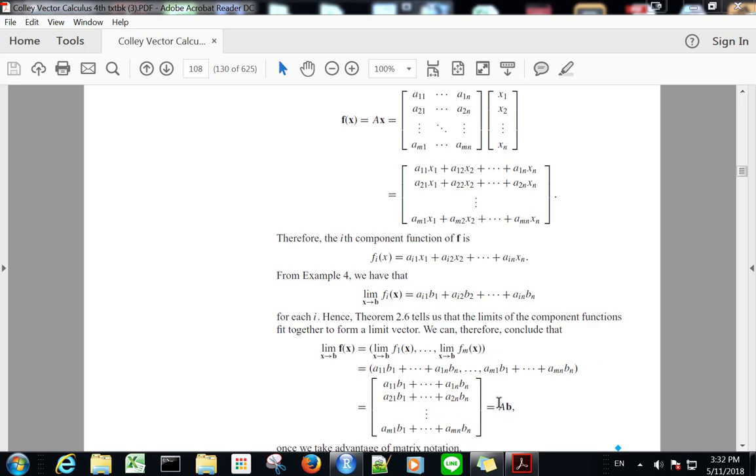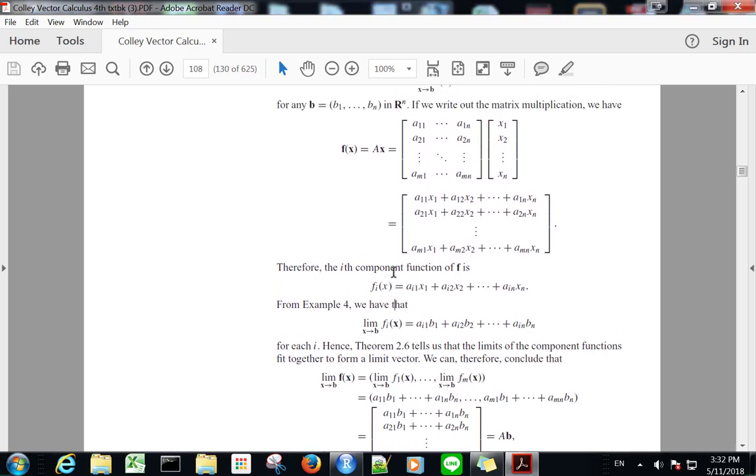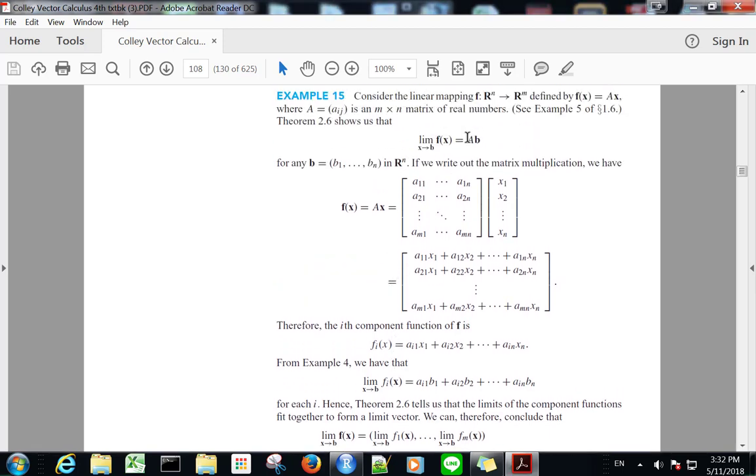But that is exactly what we mean by Ab, actually. If you figure out what Ab means, you'll get exactly this. So what we've shown is that the limit, if f is given by Ax, the limit as x goes to b is Ab.